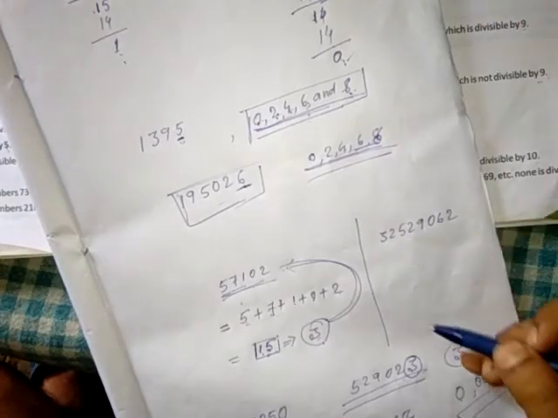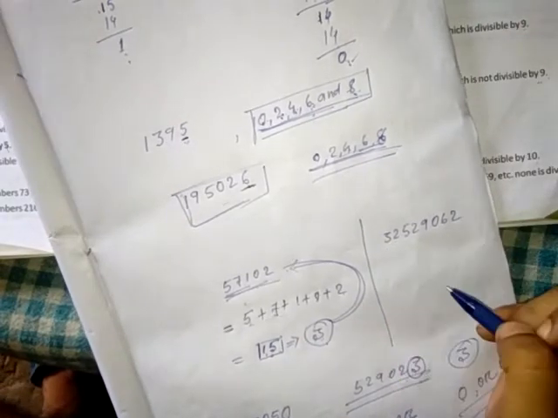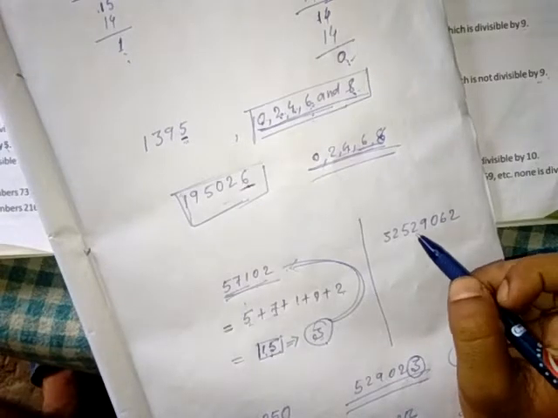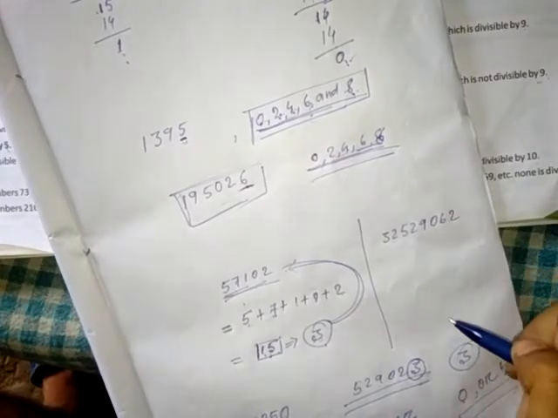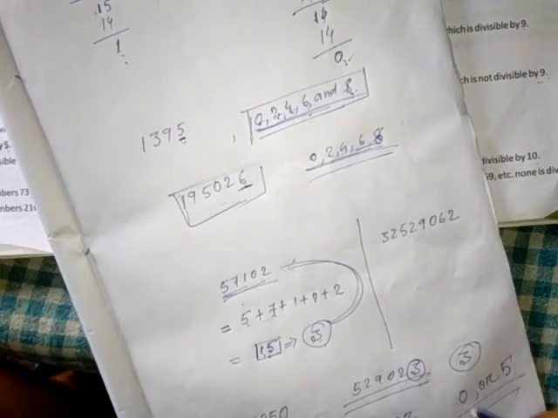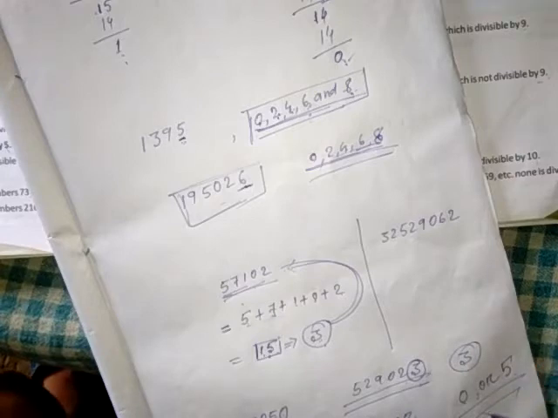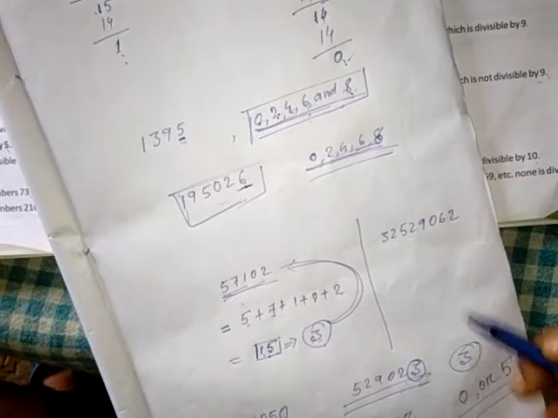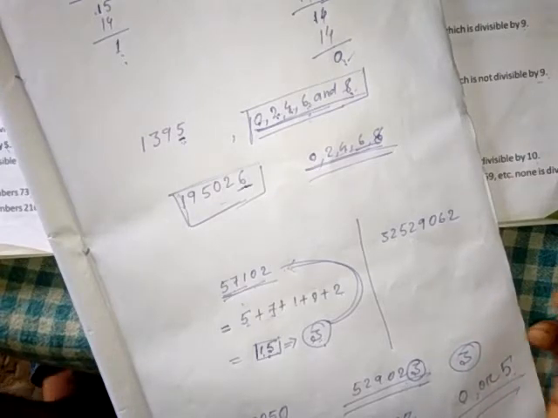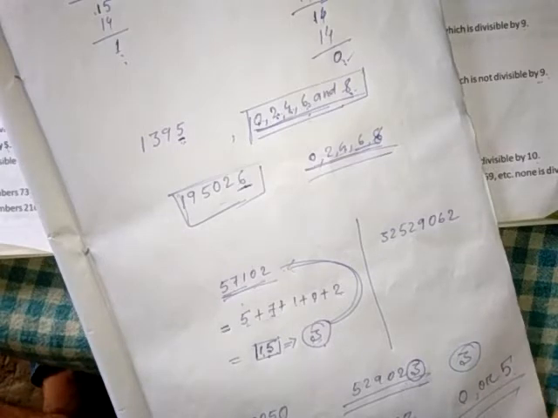It takes too much time, and only after that you can say whether the number is divisible by 10 or not.